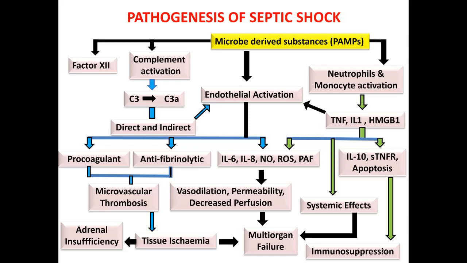Complement activation, that is C3, is converted into C3a, and there is direct or indirect effect on the procoagulant and antifibrinolytic activity, resulting in microvascular thrombosis, leading to tissue ischemia, and then tissue ischemia leads to adrenal insufficiency, shown in the last box in brown color and pointed by black arrow.